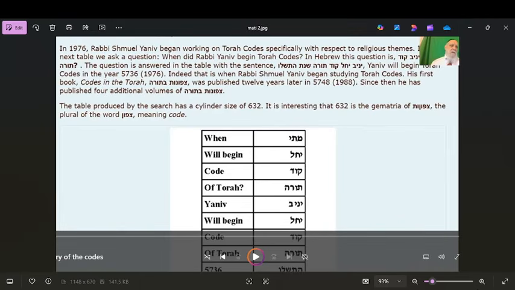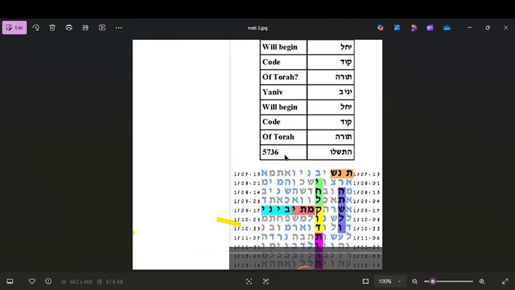Yaniv will begin codes Torah, and then comes the year 5736. All this is in the table, as you see here.